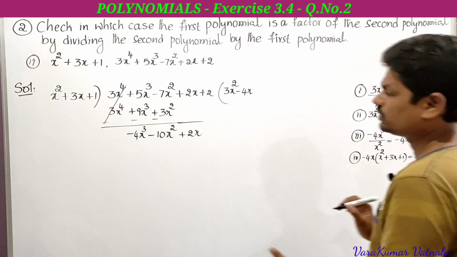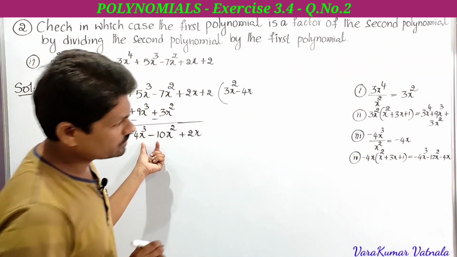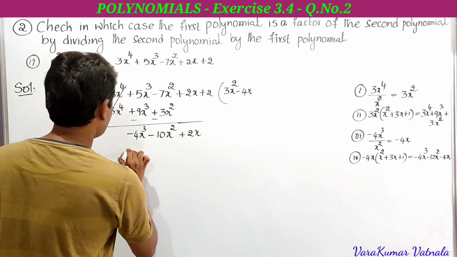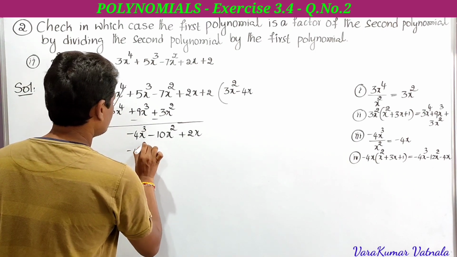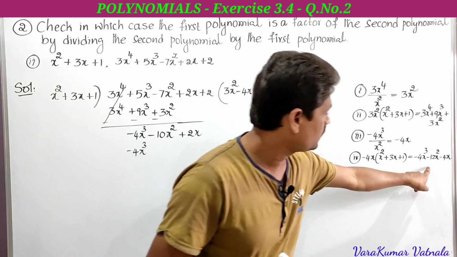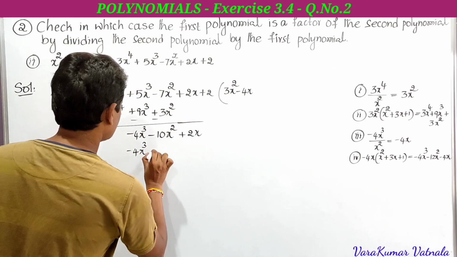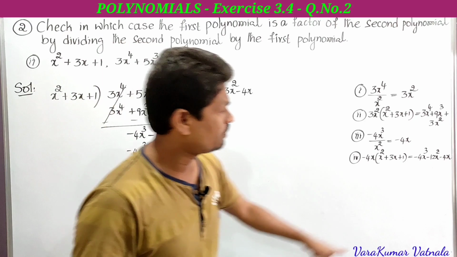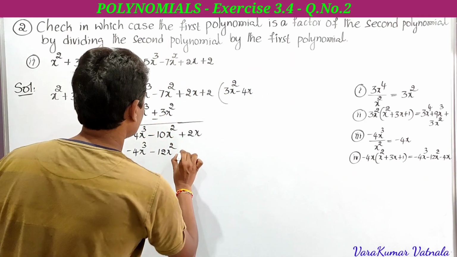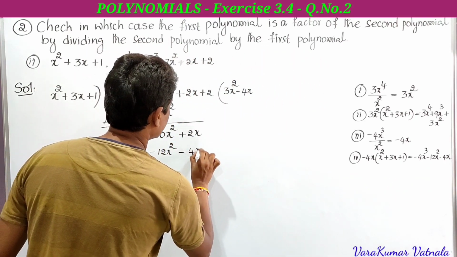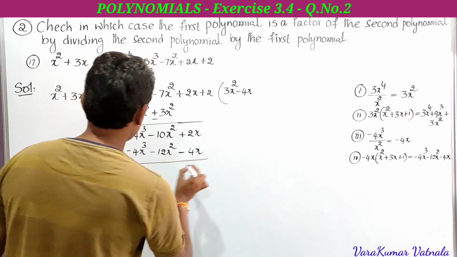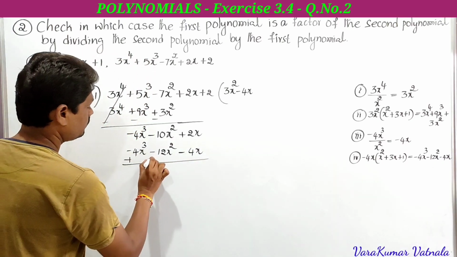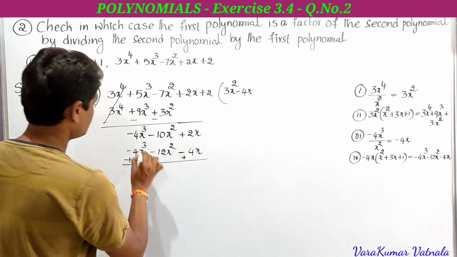So write this below the terms of the dividend, minus 4x cube right here. Next minus 12x square, write it below the x square term. Next minus 4x, write it below the x term. Again subtract. So it becomes plus, plus, plus.